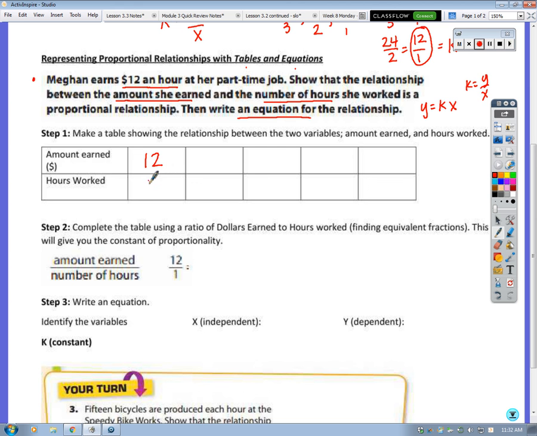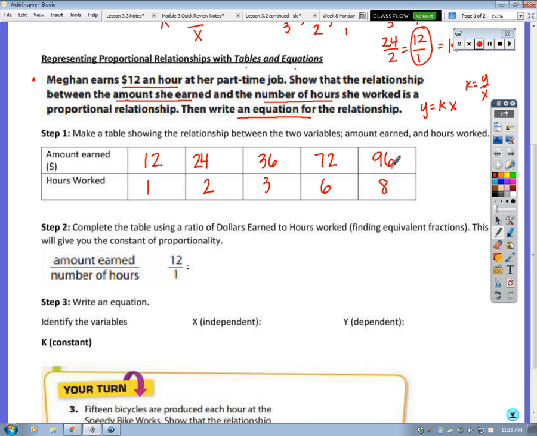So $12 in 1 hour. And we're just going to fill this in 1 hour at a time. So this would be 2 hours. She would earn $24. In 3 hours, she would earn 36. And you can continue this on. I'm going to go ahead and just jump to say 6 hours. She would earn 72. And in 8 hours, she would earn $96.